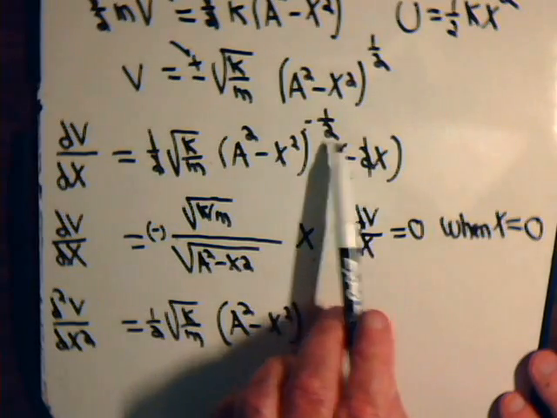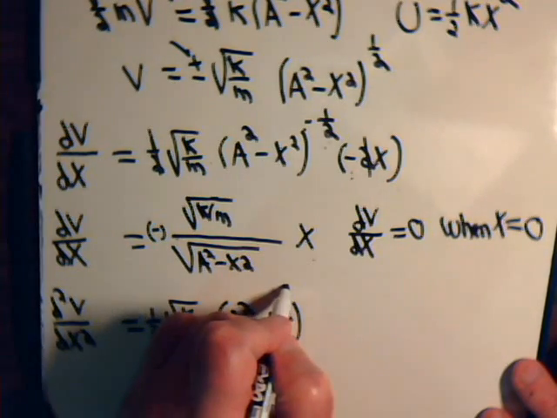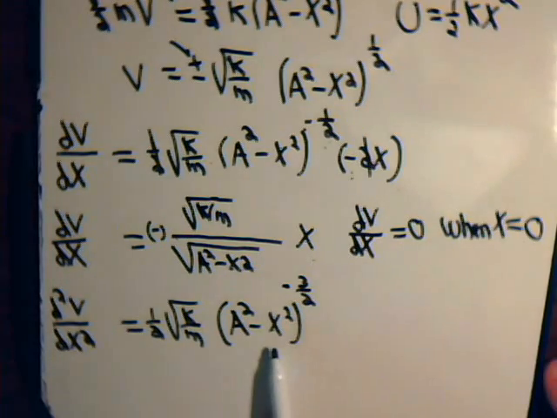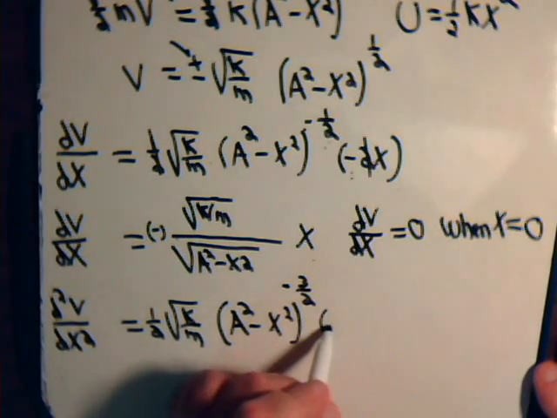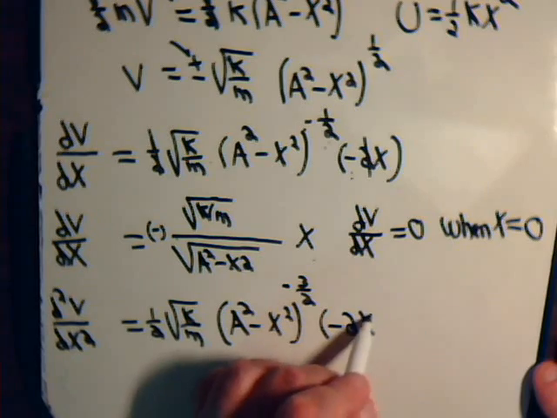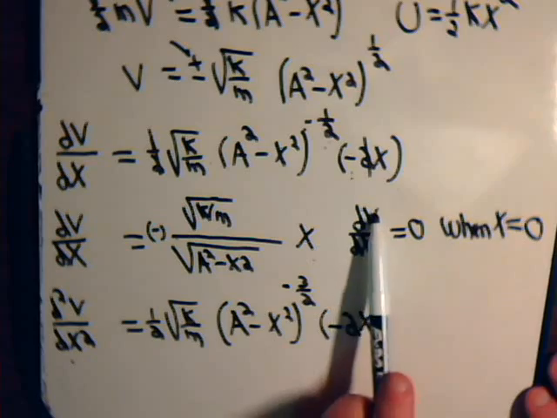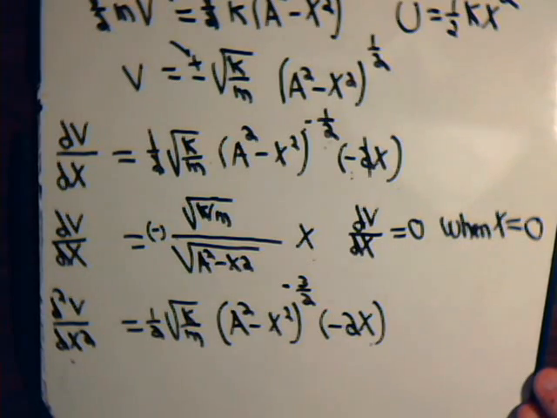negative 1/2 minus 1 is negative 3/2. Then what's inside will be minus 2x. So notice this is positive when x is positive. That means then that this will be a maximum value.